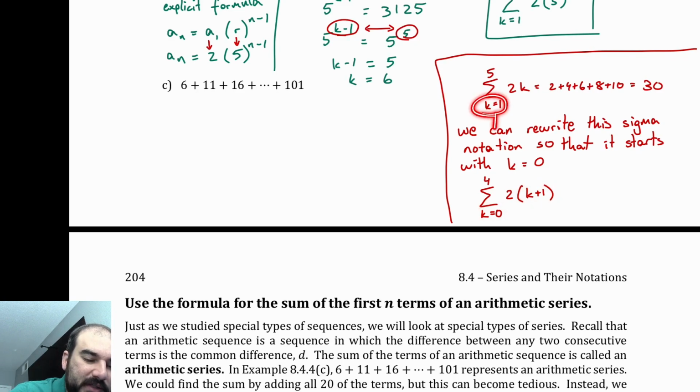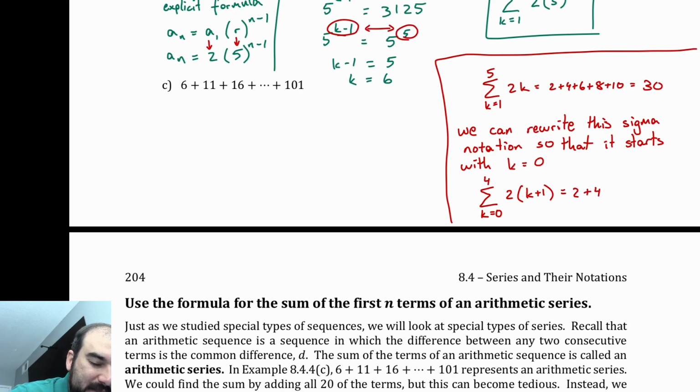So if we're reducing this k from 1 to 0, then we're going to increase this one from k to k plus 1. Now if I plug in 0 for k, that becomes 0 plus 1, which is 1, times 2, which gives me a 2. Then the next index would be plugging in 1: 1 plus 1 is 2, times 2 is 4.